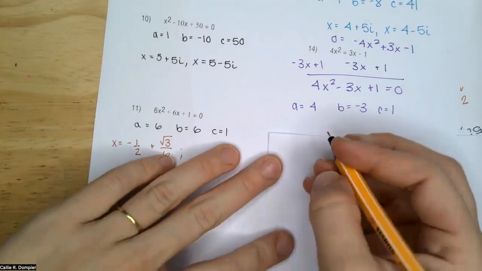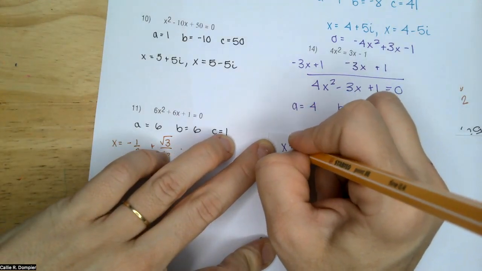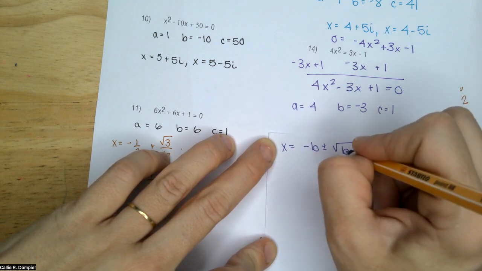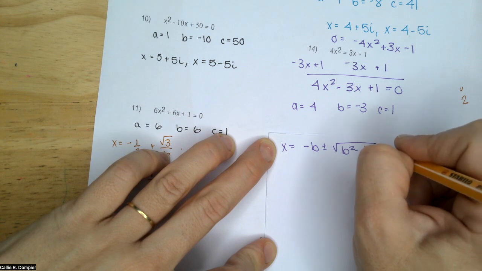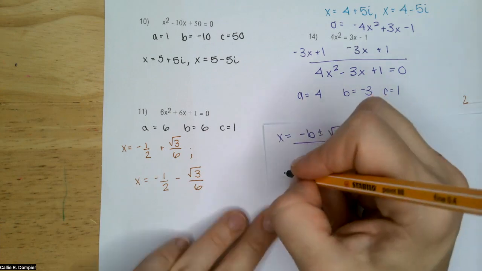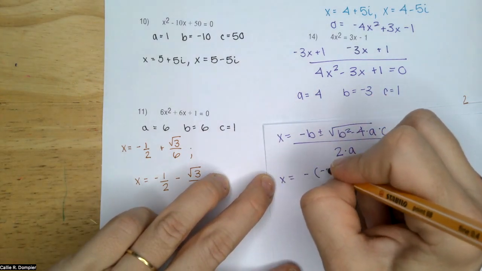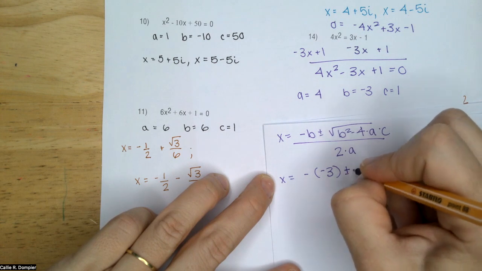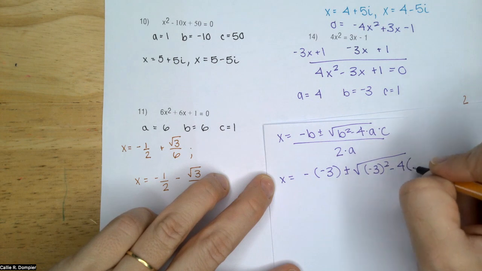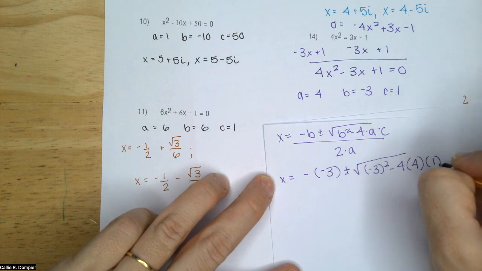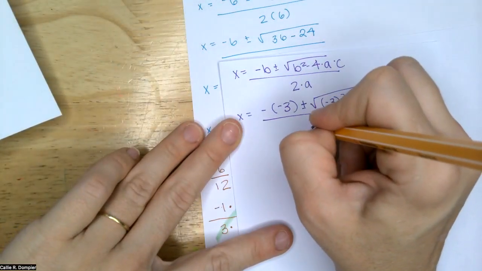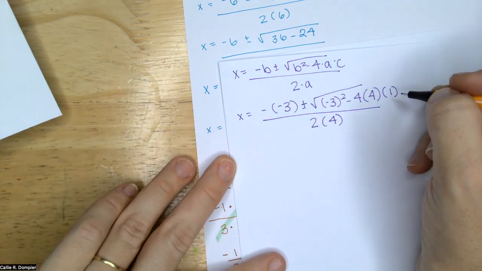All right, so we've got x equals -b plus or minus the square root of b squared minus 4ac divided by 2a. -3 plus or minus the square root of -3 squared minus 4 times 4 times 1 divided by 2 times 4, right?